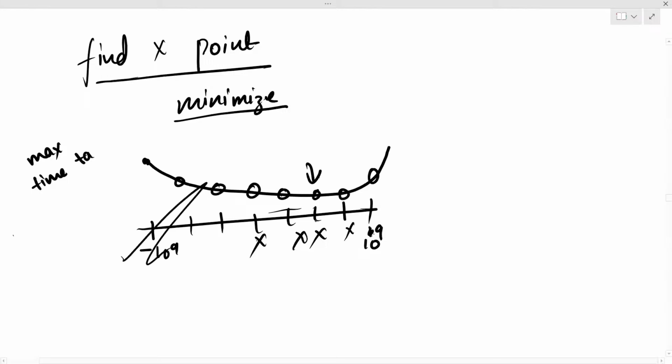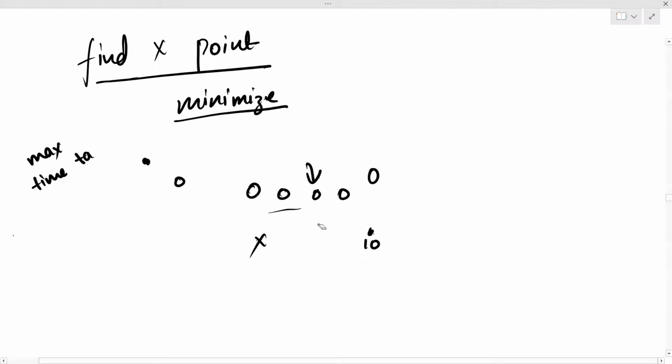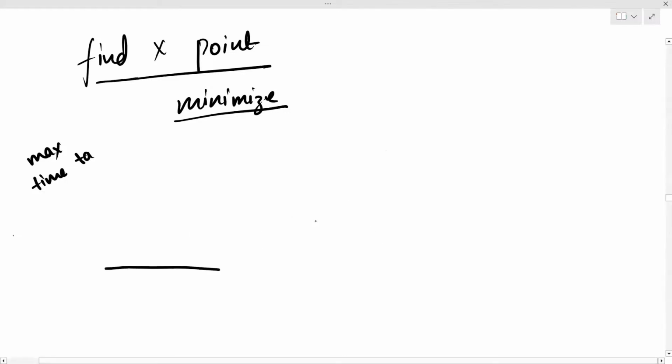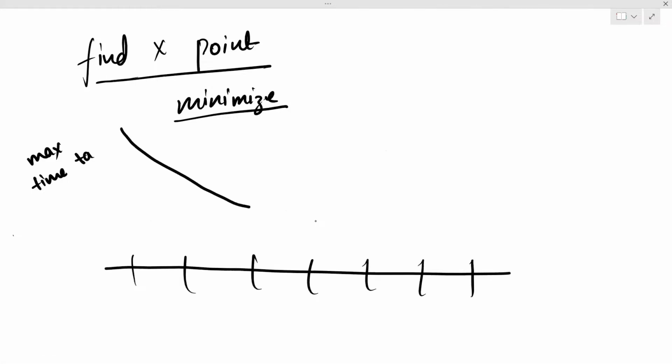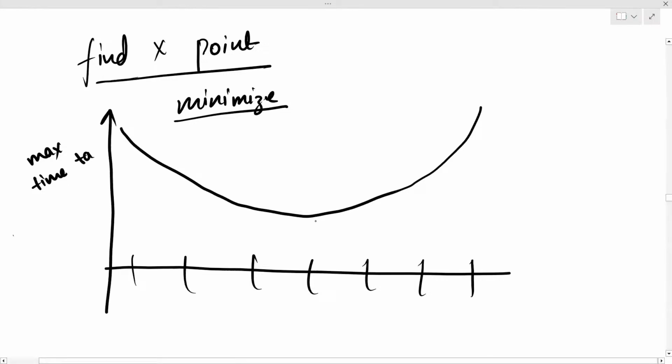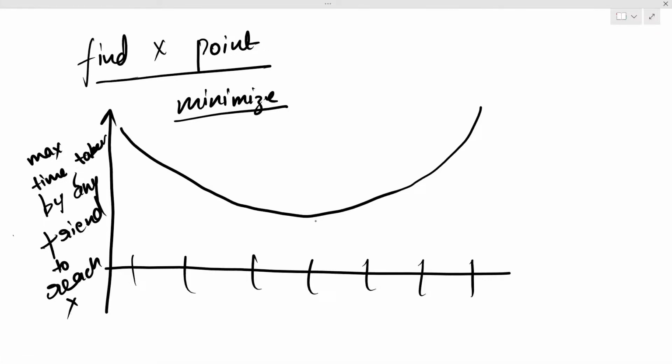Let me draw this again. So let's say these are the time units. Eventually I'll get something like this. These are the maximum time taken by any friend to reach x, and these are x values.